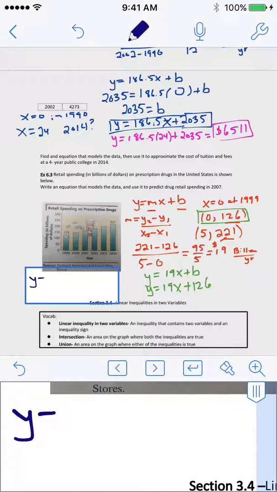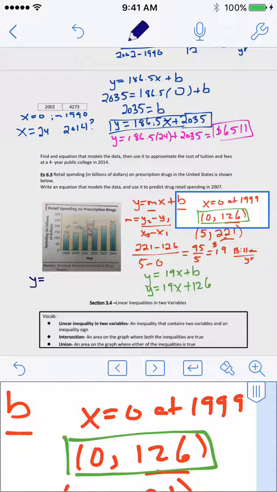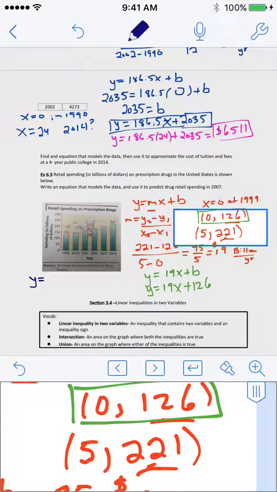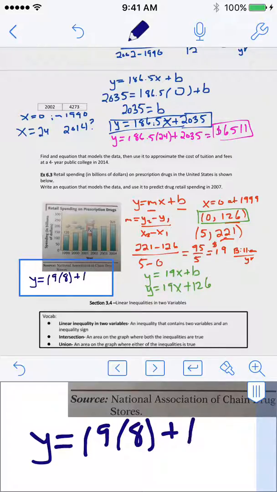So y equals, well, what would x be in 2007? If it's 0 at 1999, x would be what? In 2004 it was 5, 2005 is going to be 6, 2006 is going to be 7, 2007 it's going to be 8. So we're looking at x equals 8. So y equals 19 times 8 plus 126.